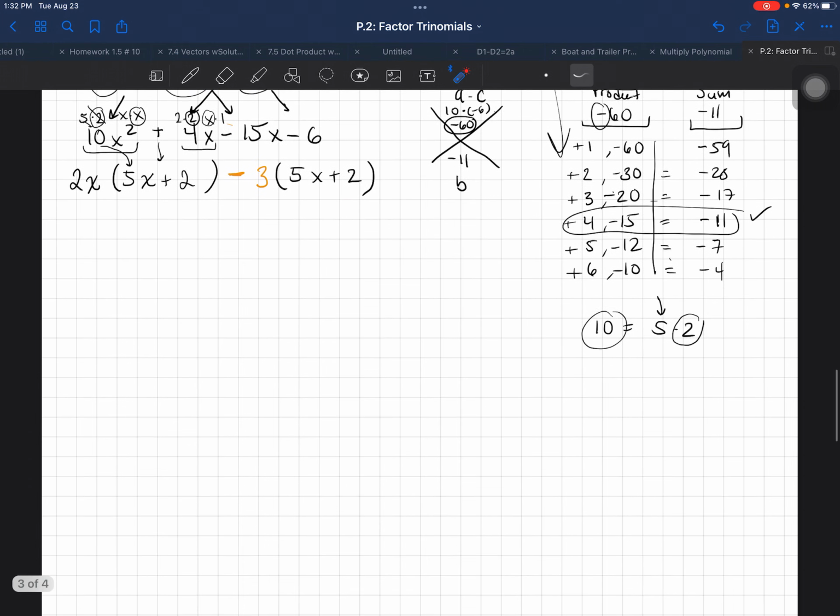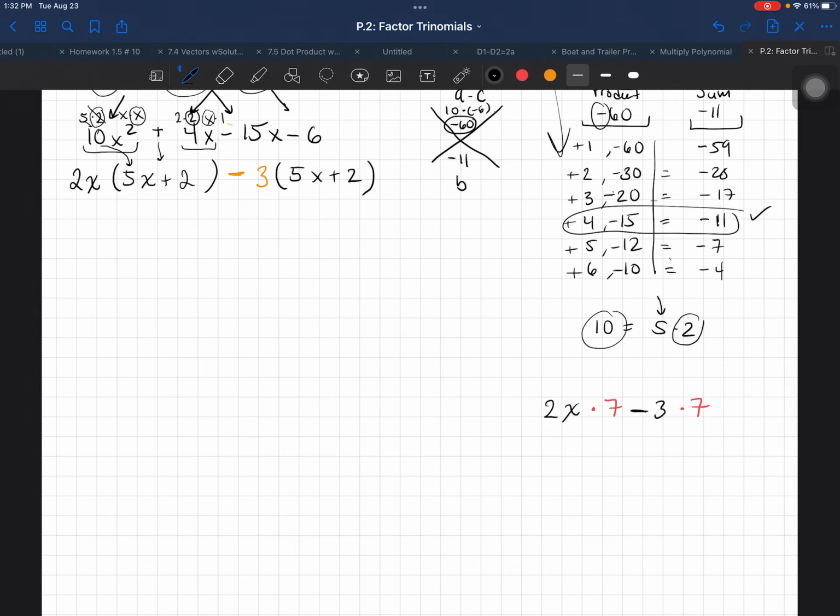Before we move on, I'm going to do a quick example here. If I had, let's say, 2x times a very specific number, let's say 7, and I subtract 3 times 7, and I ask you, can you factor the 7?